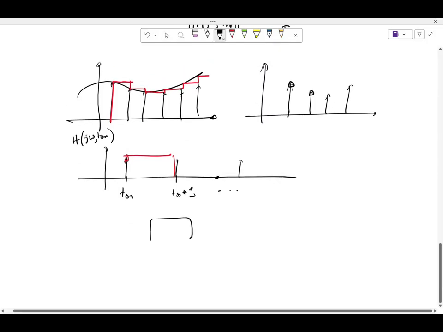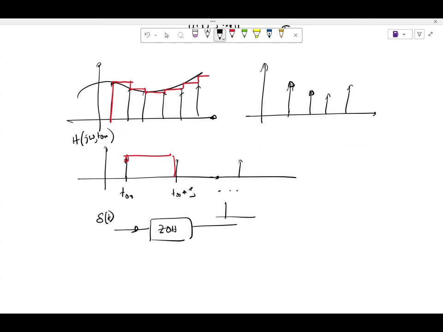If I have a zero order hold, so if the input is delta t, the output is this. Correct? This is the impulse response of a zero order hold, because whenever I see an impulse, I replace the impulse with this truncated square wave, or u(t) minus u(t minus Ts).